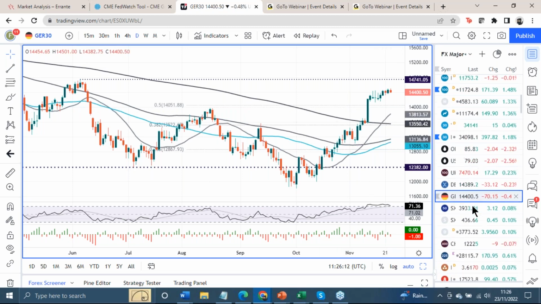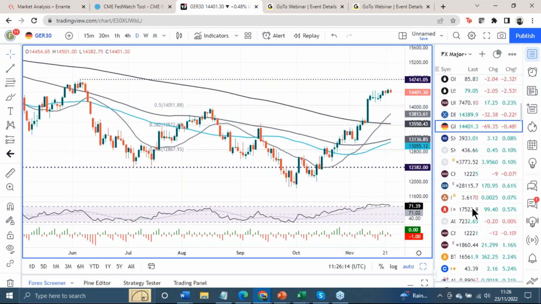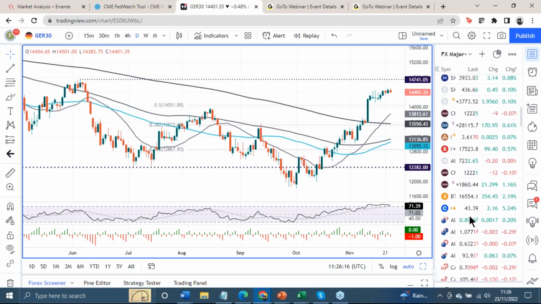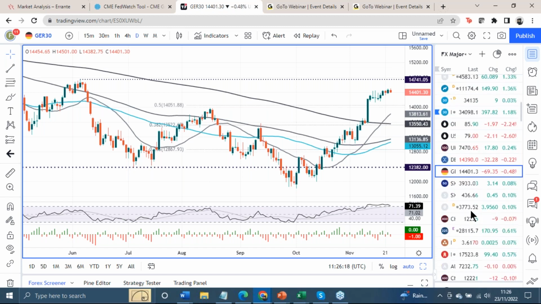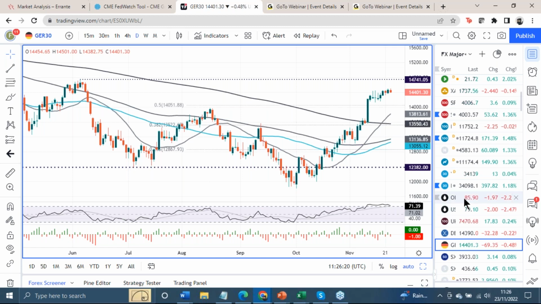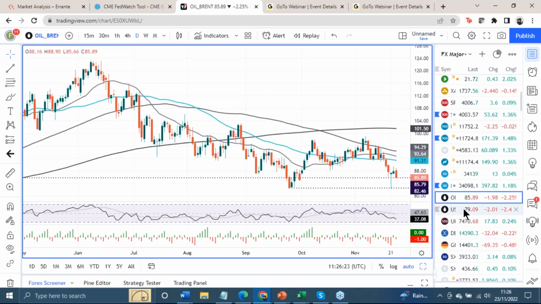Hopefully we'll look at those shortly, but I said I'd look at oil, and that's certainly been grabbing the headlines recently. Brent and WTI, this is the Brent chart, actually, Brent crude.